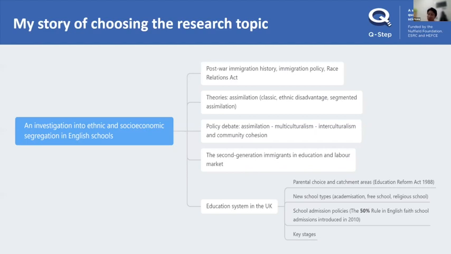With no doubt I definitely need to introduce the education system in the UK, and there are quite a lot of subtopics to cover, like parental choice, catchment areas, different school types, and school admission policy. All those factors can have an impact on school segregation.